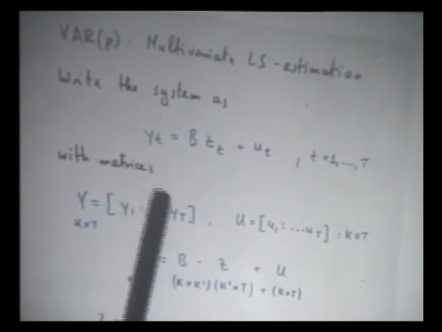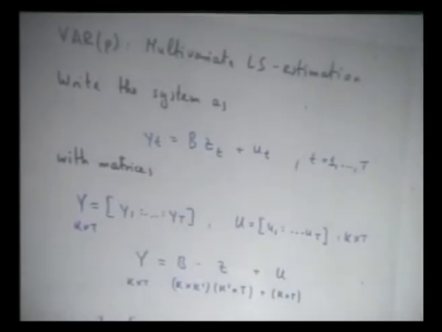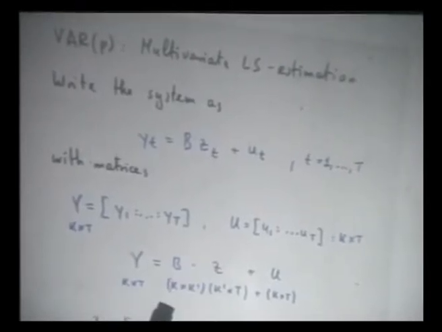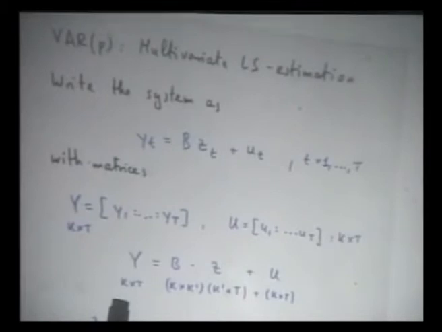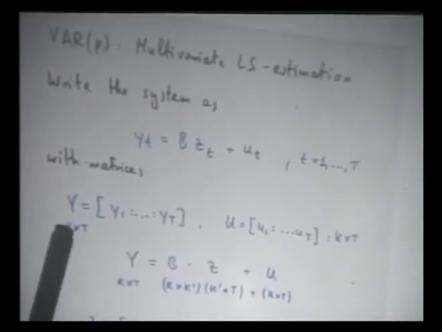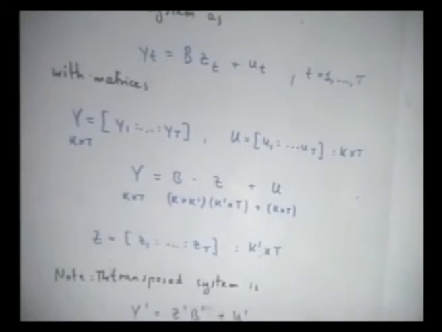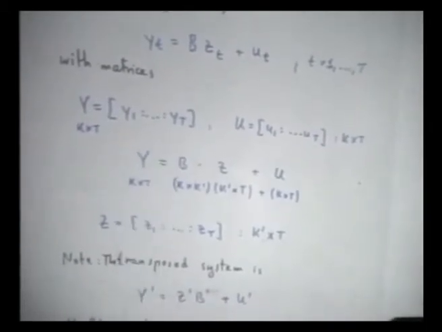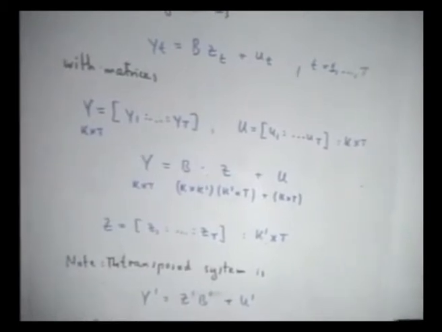And you only have to make the step from this vector equation to a multivariate regression system. So the multivariate regression system looks the following. You write the matrix Y from Y1 to YT, where Y1 is the first vector time series observation to the last vector time series observation at time T, of order k. So this is a k times T matrix.